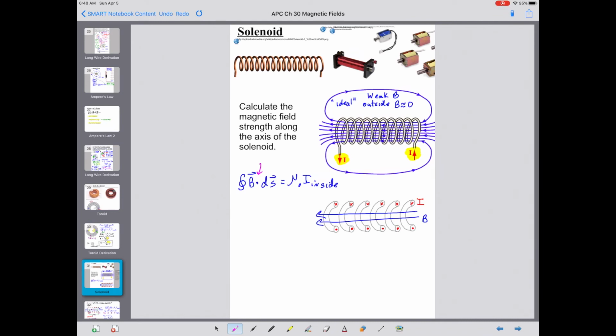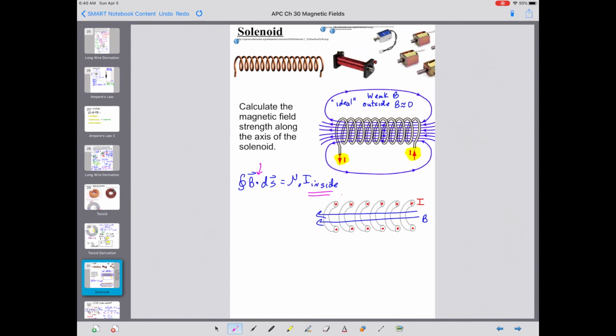This Amperian loop, remember the dot product. We want the loop to be easy so that every side of the loop is either parallel or perpendicular to the magnetic field, and it has to have current inside that loop.